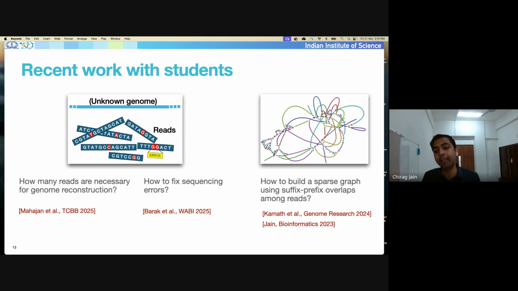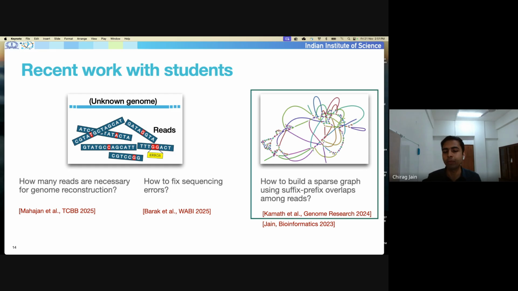Therefore, we would like a sparse chain-like graph coming out of the overlap relationships between reads. In the remainder of the talk, I'm going to focus on only one topic and get into more details of this particular problem, and I'll leave out the remaining for this talk.